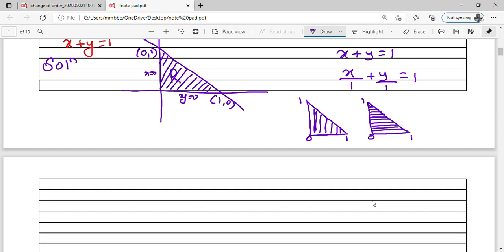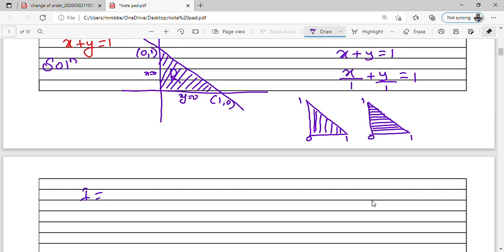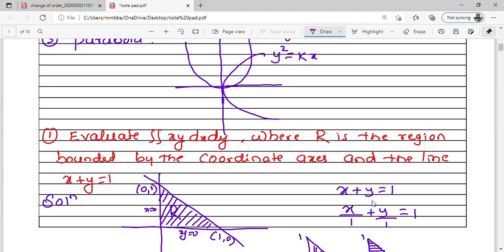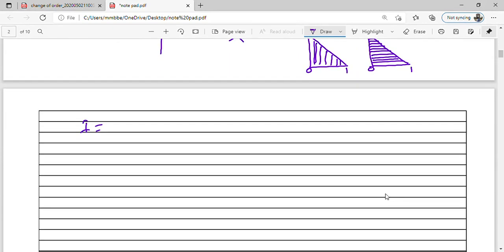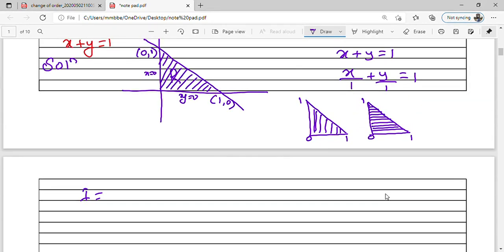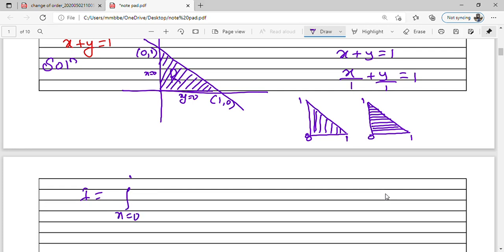So I is equal to the given double integration xy dx dy. Here the x limit is 0 to 1, but y is not fixed; its length changes.